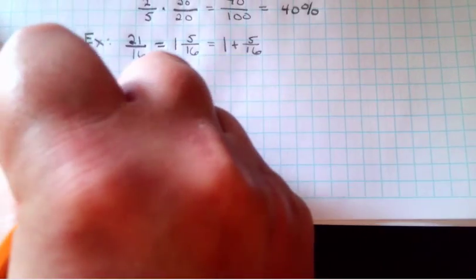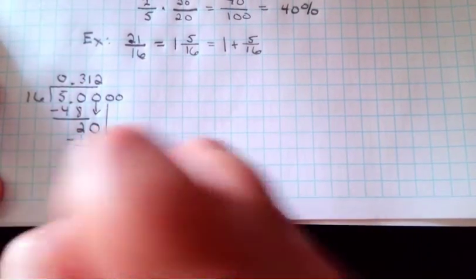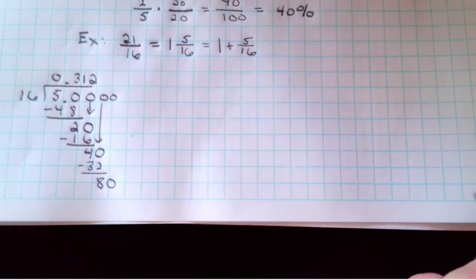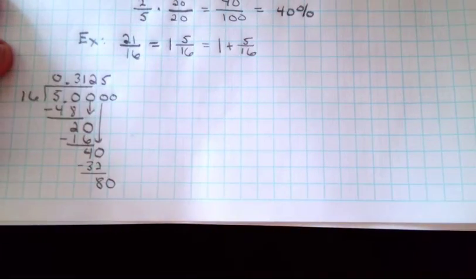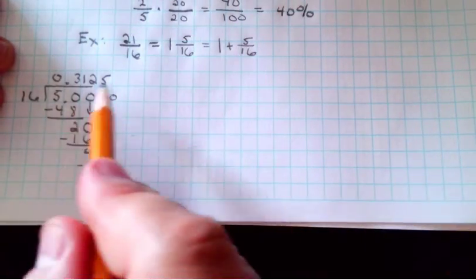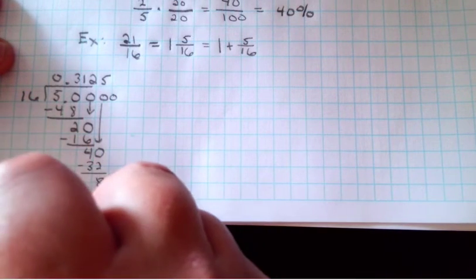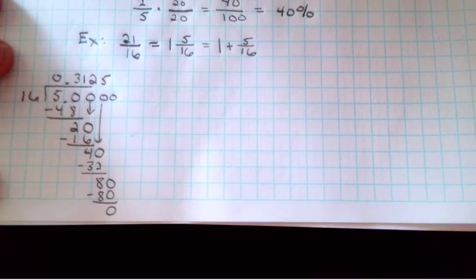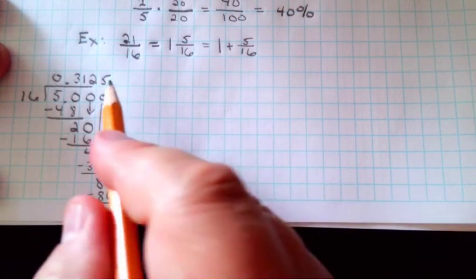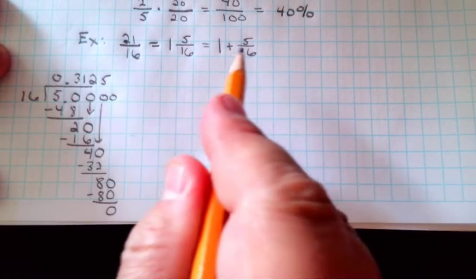Put another 0 here, drop it down. I'll get 80. Oh, an 80. Well, that's actually nice. 5 multiplied by 16 is 5 times 10 is 50, plus 5 times 6 is 30. So 30 plus 50 gives us 80, just in the nick of time. Okay, so this is our decimal for this.